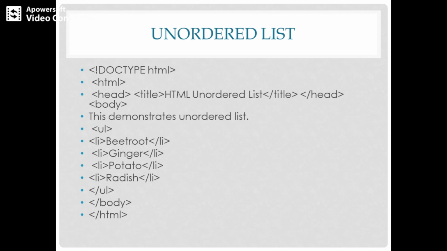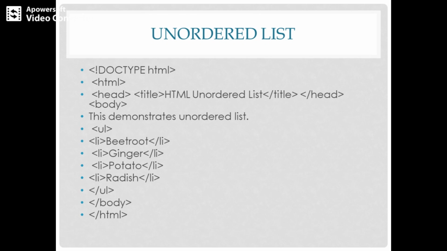We are representing the unordered list with the UL tag, and it ends with the closing slash UL tag. Each item in the unordered list is represented using the LI tag, called the list item tag. So you can observe the result of this web page. First of all, there is a title given to this web page, that is HTML unordered list.